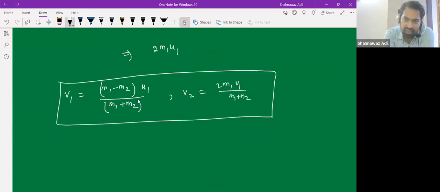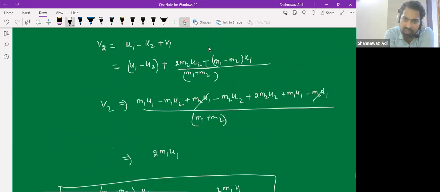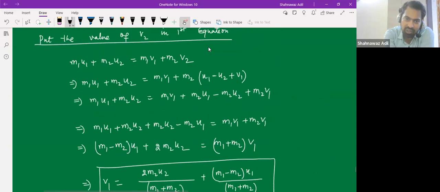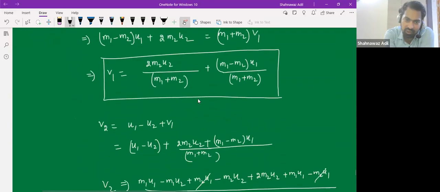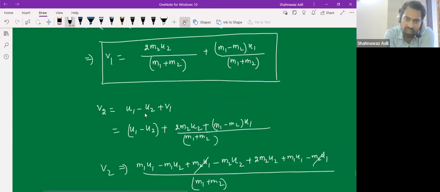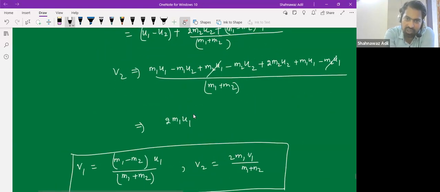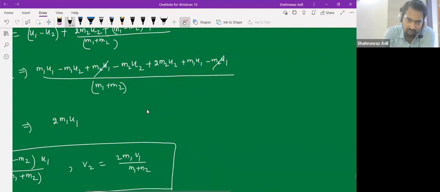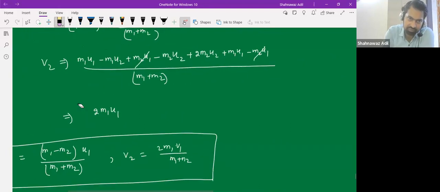So I have just complicated things, right? We have to take this simplified case. So you have to take that U2 is 0. Whenever you reach here, you assume that your U2 is 0. Then what would be V2?